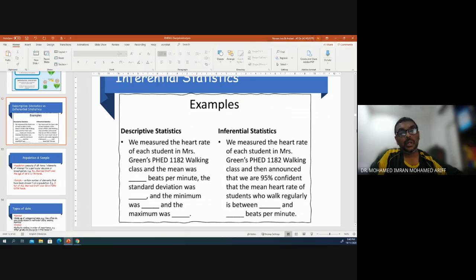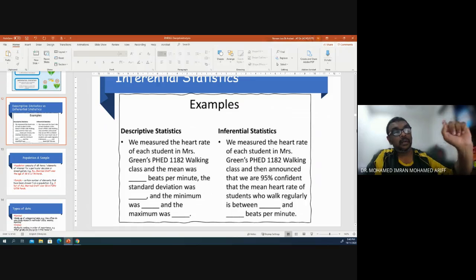Bila you buat inferential statistics, we measure the heart rate of each student in Mrs. Green's class, 118, and announce that we are 95% confident that the mean heart rate of the students who walk regularly is between X and Y. So based on that, kat sini you nampak kat inferential statistics ni, you look at the word 95% confident.